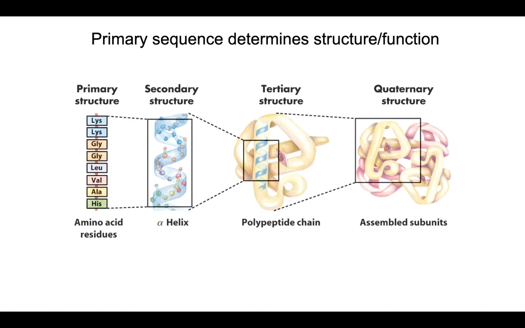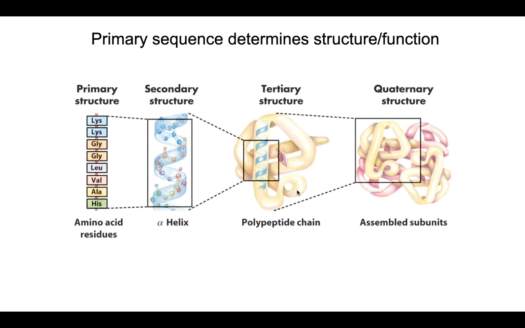Now, we are going to get to this idea over and over and over again. But let's get a first introduction to it. We've already mentioned that the primary structure, the sequence of amino acids within a protein, is all the information that that protein requires to properly fold into its final structural form. That's it. Just the sequence of amino acids will dictate what that final structure of the protein is.